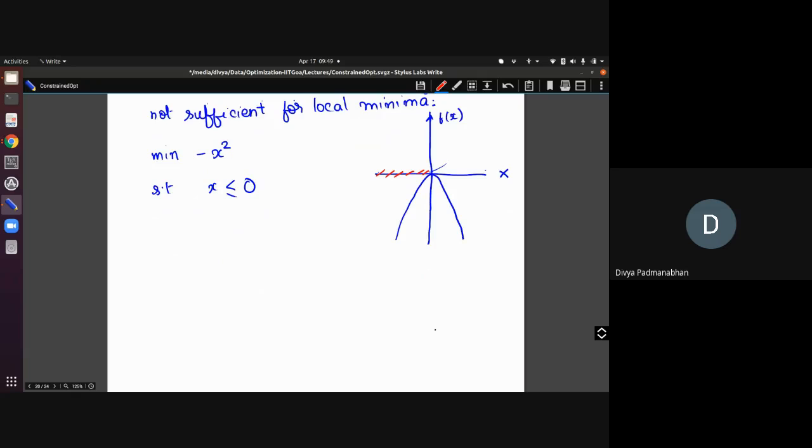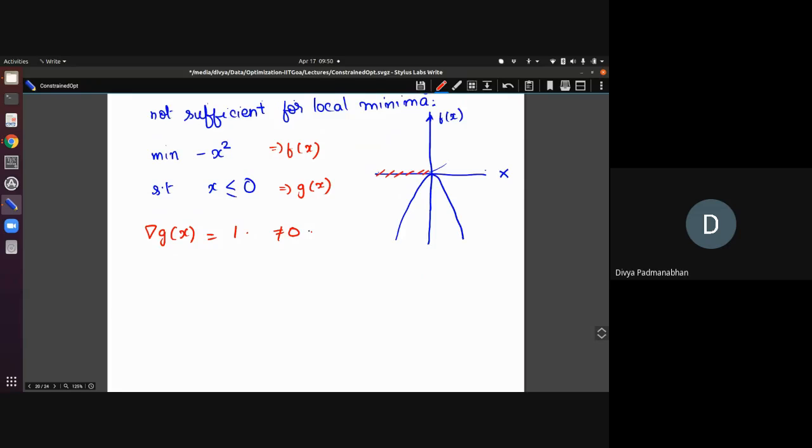But let's just try to see what the KKT conditions give you here. First thing is the points which are regular, so just check regularity once. This is f of x and this is g of x. The gradient of g of x is just 1, and this is not equal to 0, so it is a regular point.